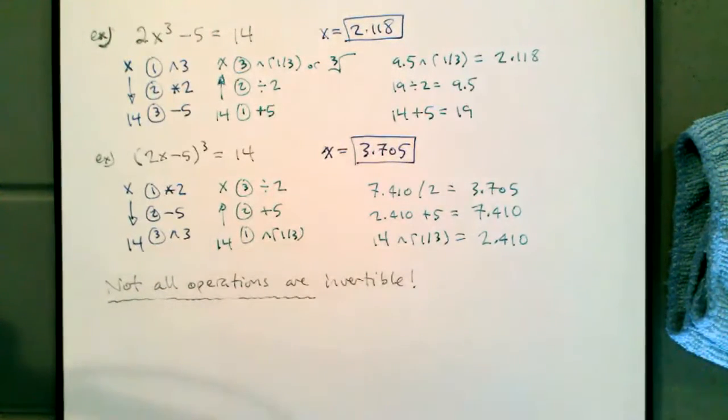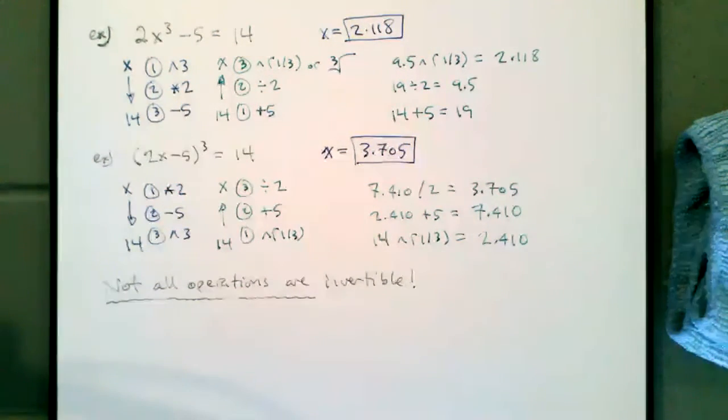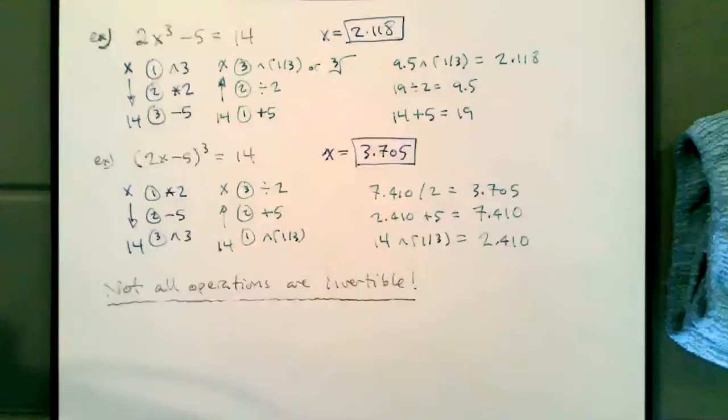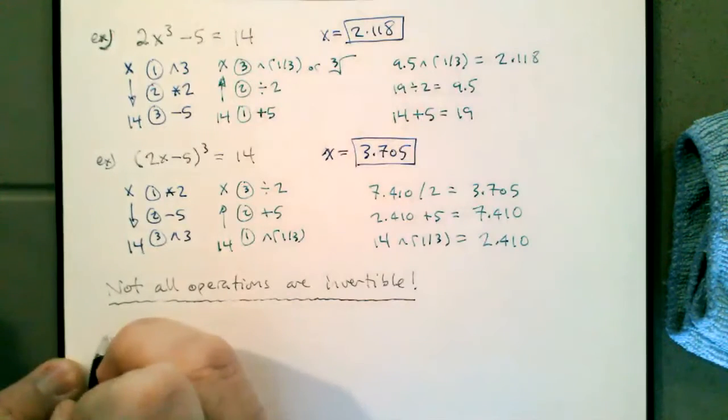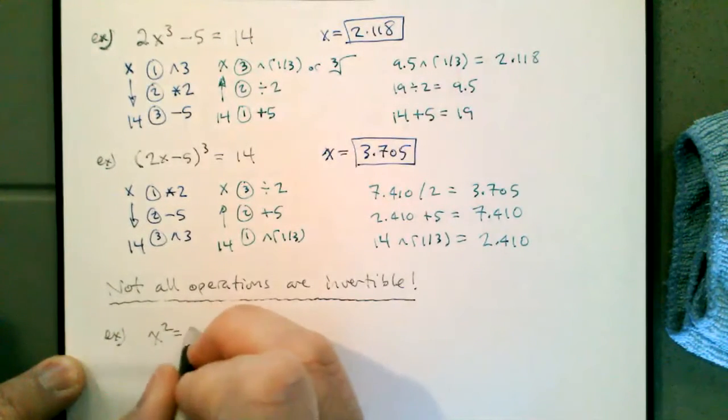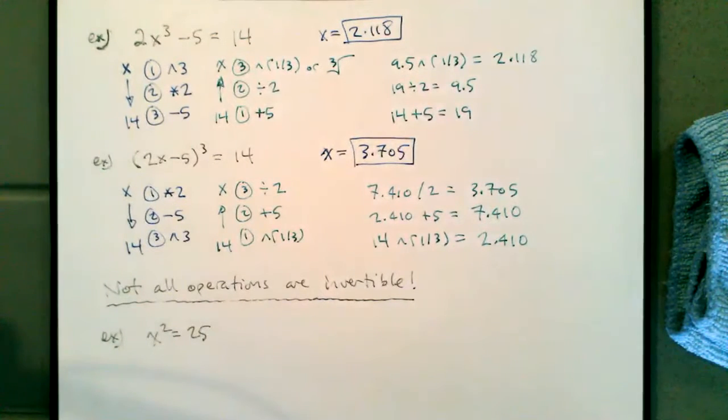So here's a thing to worry about. Not all operations are invertible. For example, if I have the equation x squared equals 25, we get two solutions.